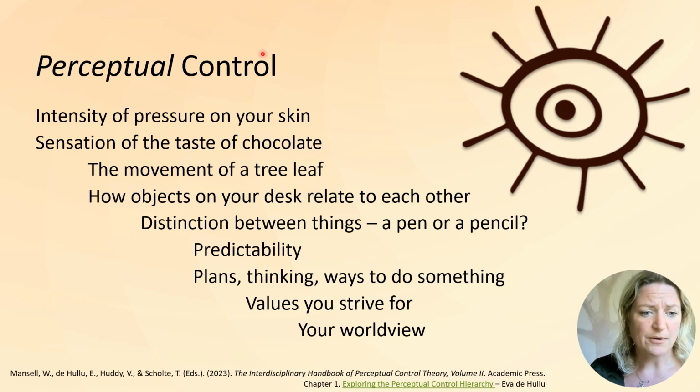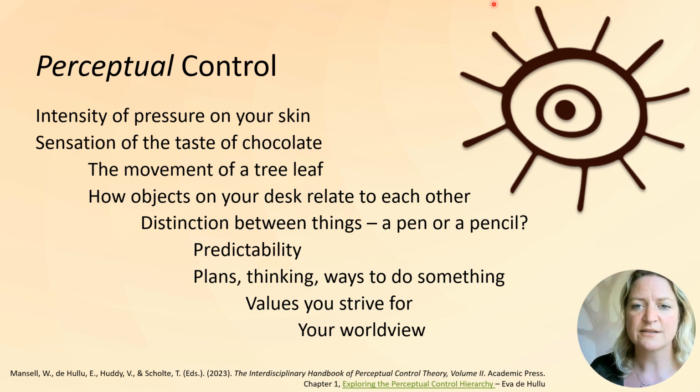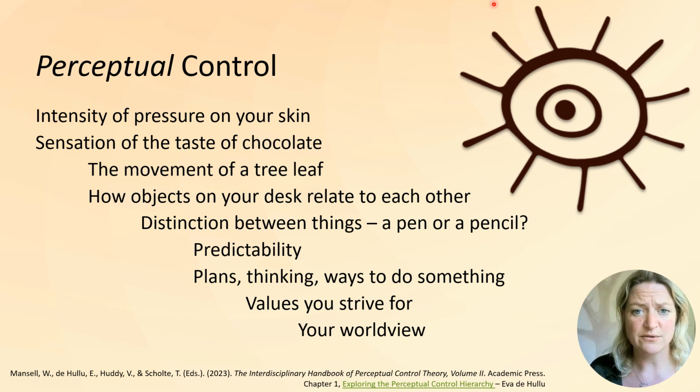We control relationships between these sensations, like noticing the movement of a tree leaf or how objects on your desk relate to each other. And we control our perceptions of distinctions, for example, recognizing a difference between a pen and a pencil on your desk.